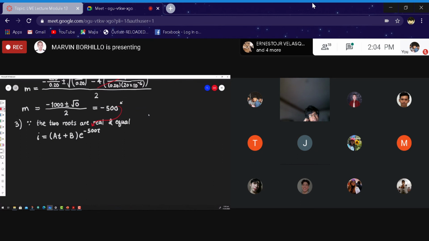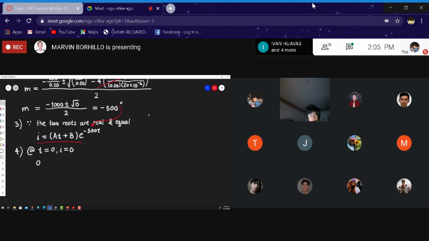Okay? So, let's solve A and B. Step number 4. So, at T is equals to 0, I will be equals to 0. So, substitute these numbers into this equation.